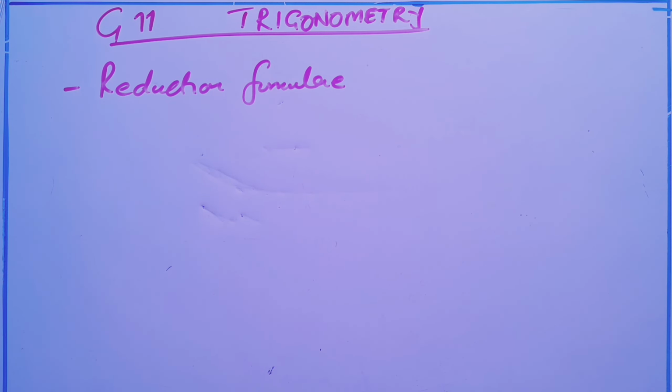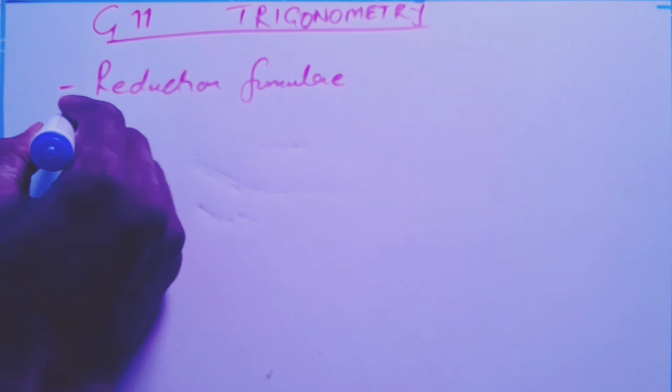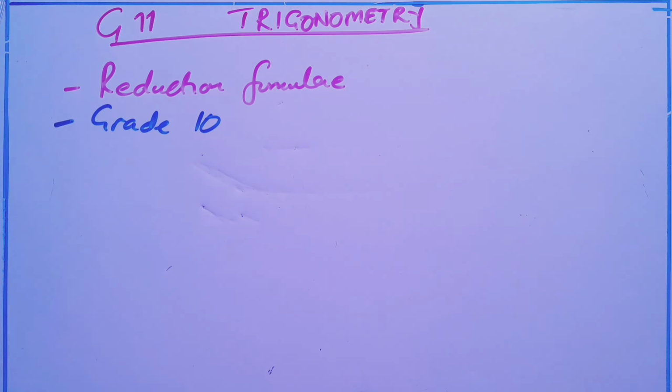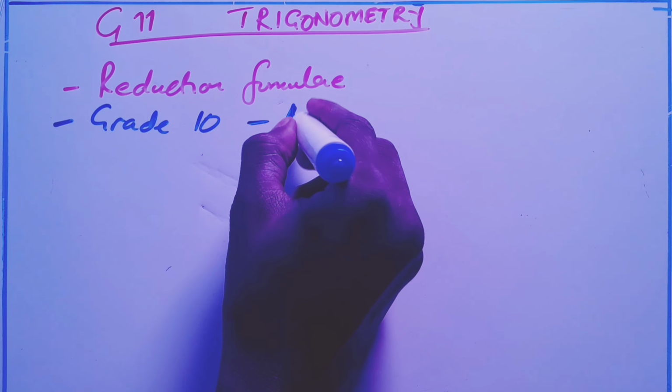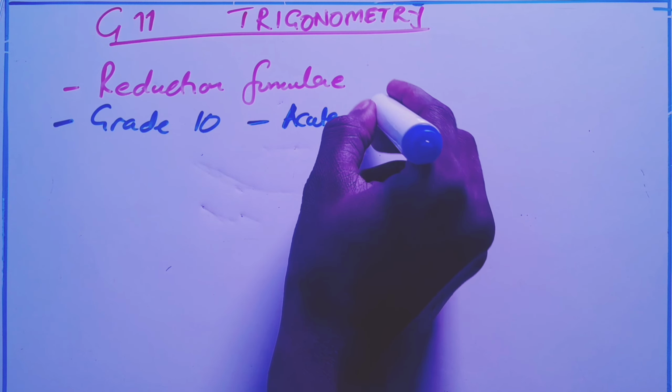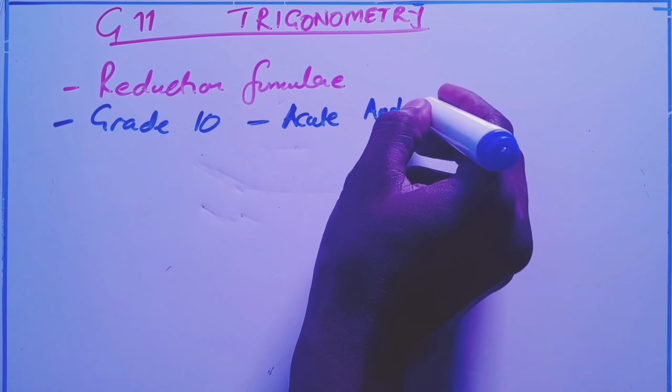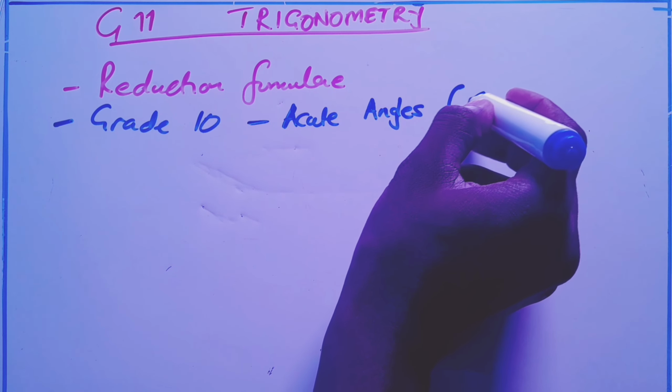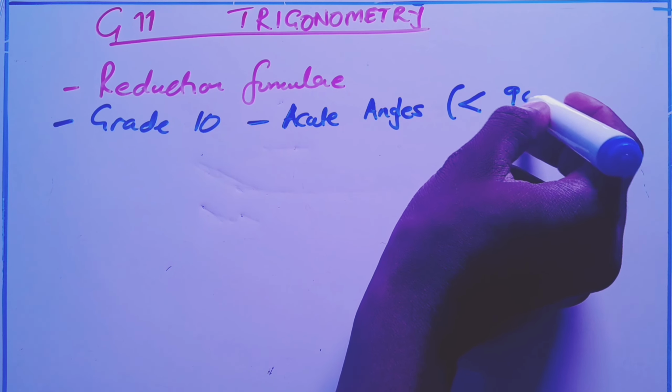So let's just take a look back at what we used to do in grade 10. In grade 10, mostly we were focusing on acute angles. When we say acute angles, we mean angles that are less than 90 degrees.